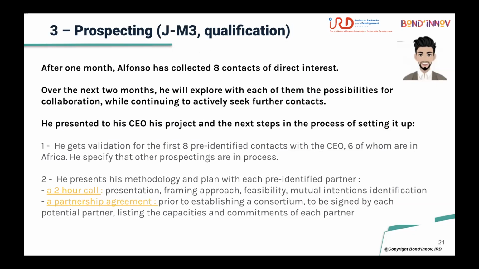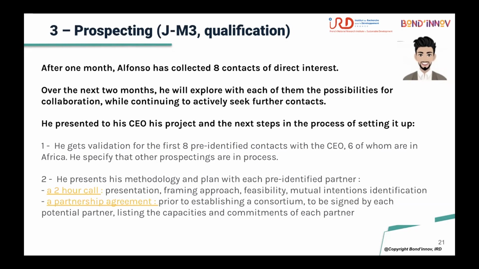And for the next 2 months, he will explore with each of them the possibility for collaboration while continuing searching for contacts, because maybe not all the 8 contacts will agree to join the consortium. So he presented this to his CEO, to get to the next step.